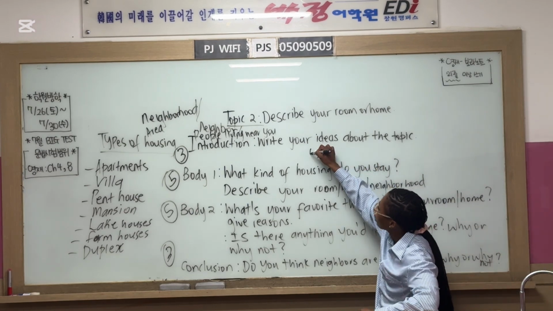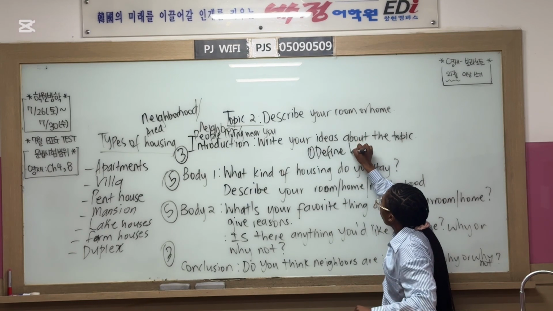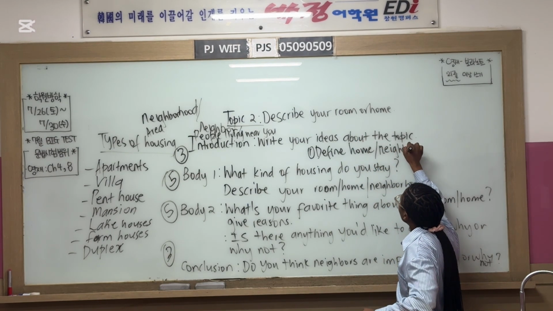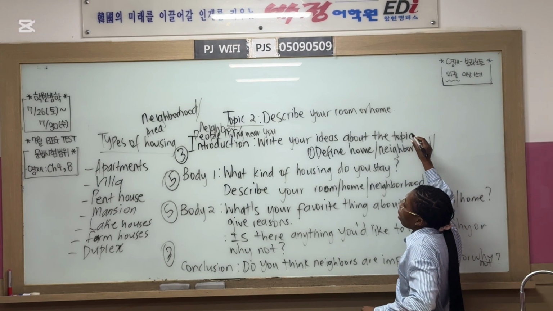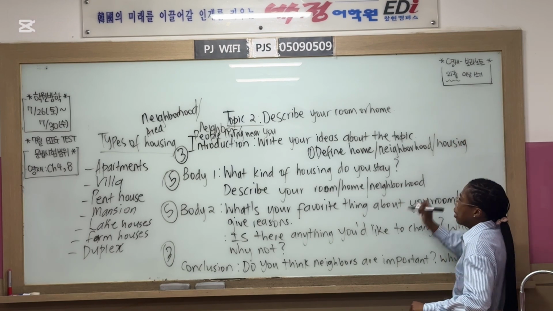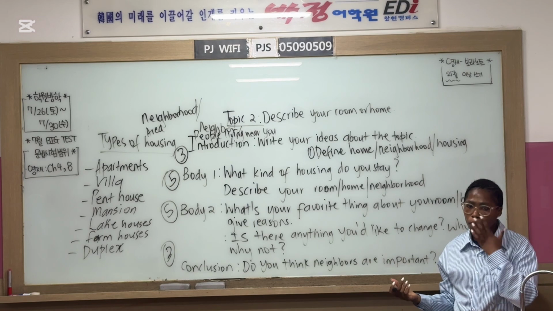First sentence, you can define home, or you can define neighborhood, or you can define housing. It's up to you. Choose one word that you want to define, because our topic is about a home or a room.